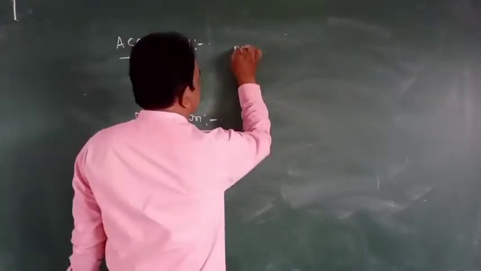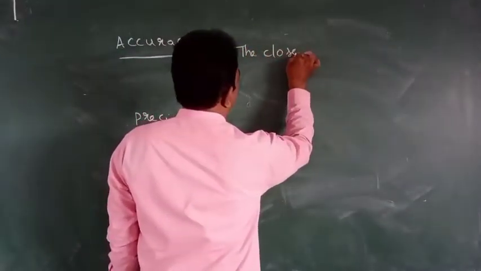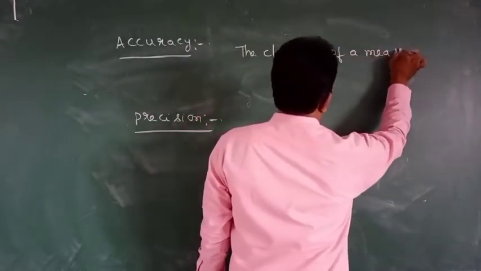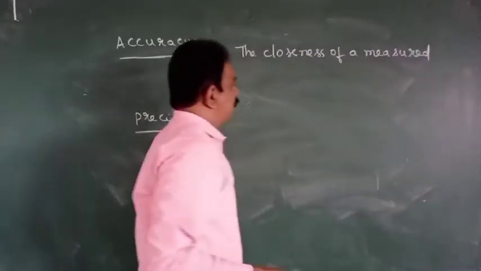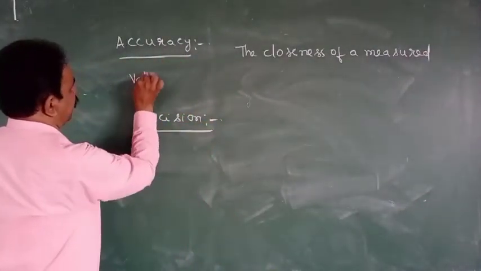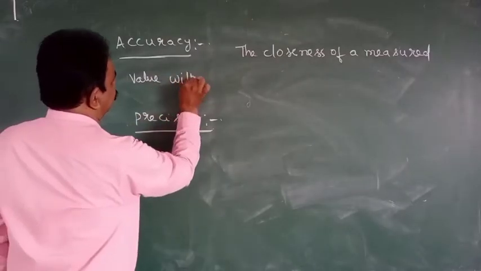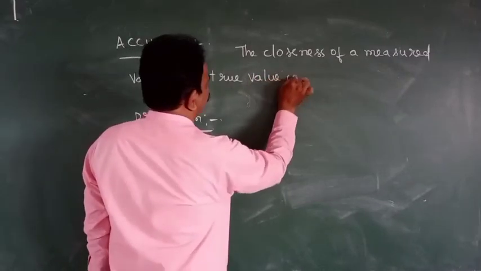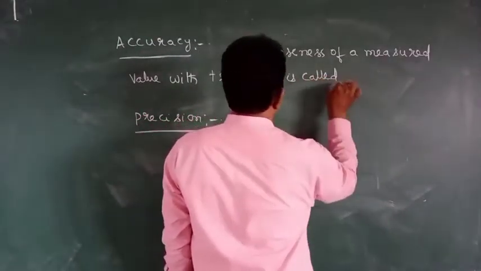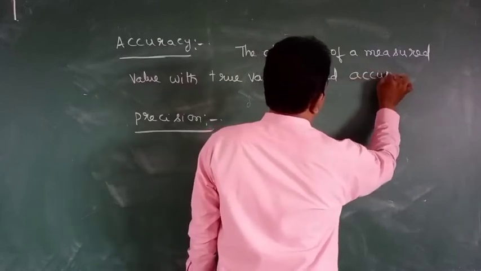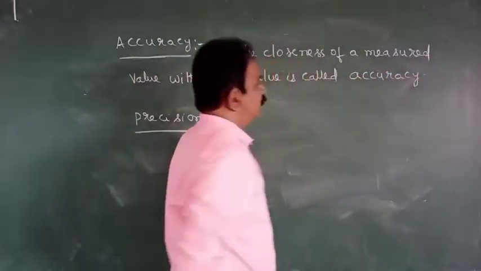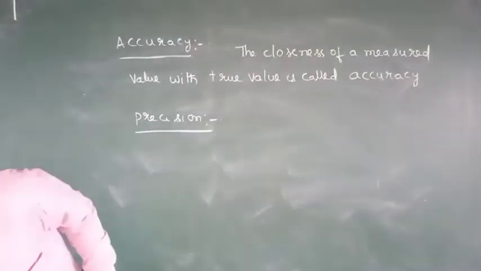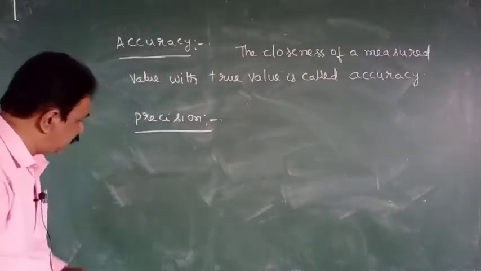The closeness of a measured value with the true value is called accuracy. What is the meaning of that?